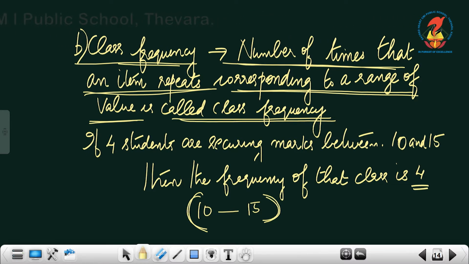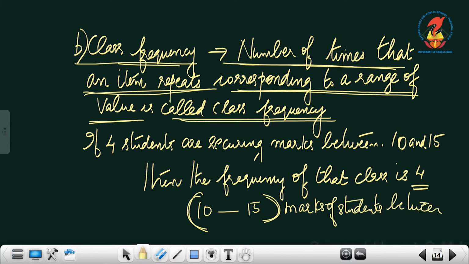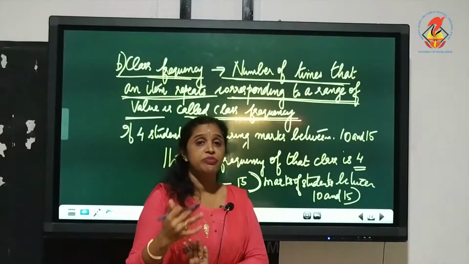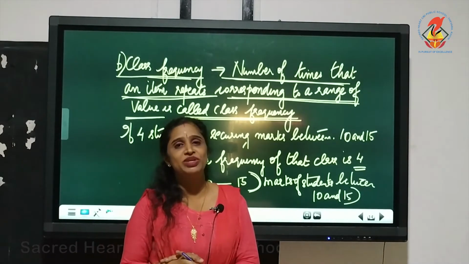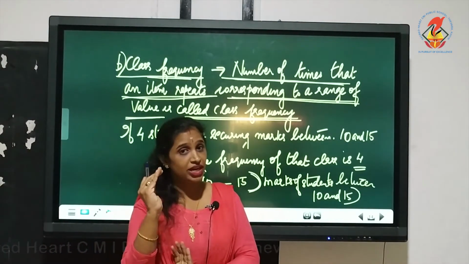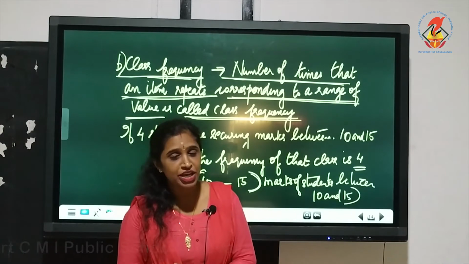Now let us imagine this 10 to 15 as marks of students between 10 and 15. Just imagine 4 students in a class have secured marks between 10 and 15. So 10 to 15 means a range of values.